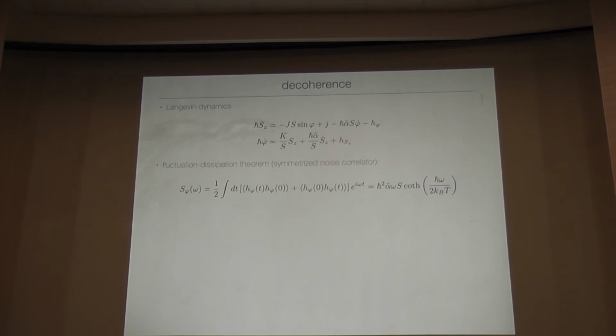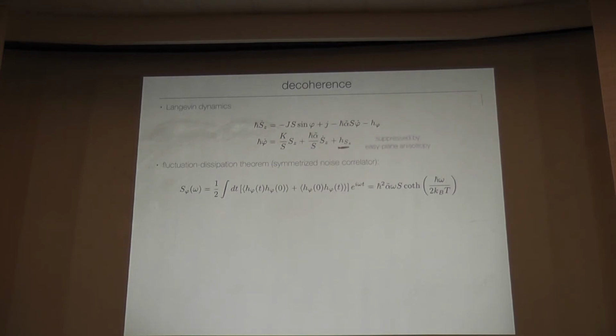Now, I want to also discuss a bit about decoherence, and what I'm going to consider here is the effect of the Gilbert damping that the ferromagnet feels. So the ferromagnet has both intrinsic Gilbert damping as well as damping due to the coupling to the electron continuum in the normal metal. So there's some damping alpha tilde which includes both of those effects, and by the fluctuation-dissipation theorem that should give rise to a couple of Langevin fields, stochastic fields.